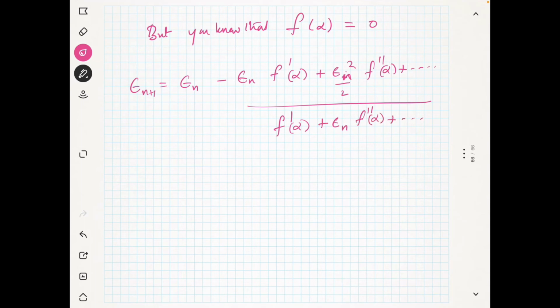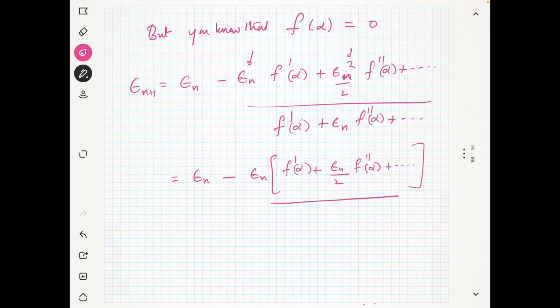Now we will simplify it again. This is equal to epsilon of n minus, I will just take epsilon of n outside, into f dash of alpha plus epsilon of n by 2 into f double dash of alpha plus so on, divided by f dash of alpha plus epsilon n into f double dash of alpha.